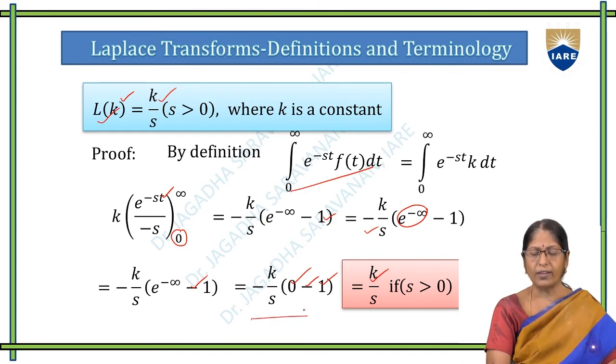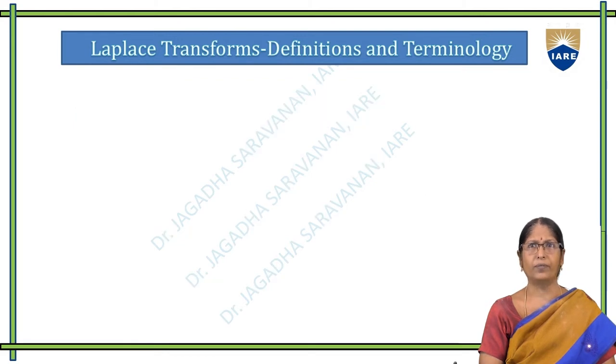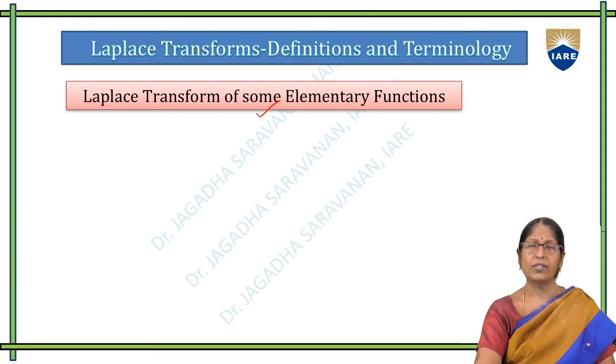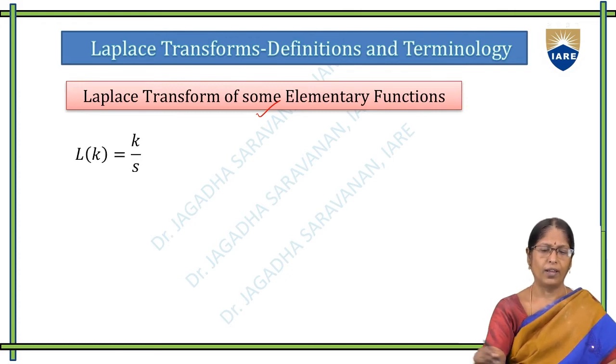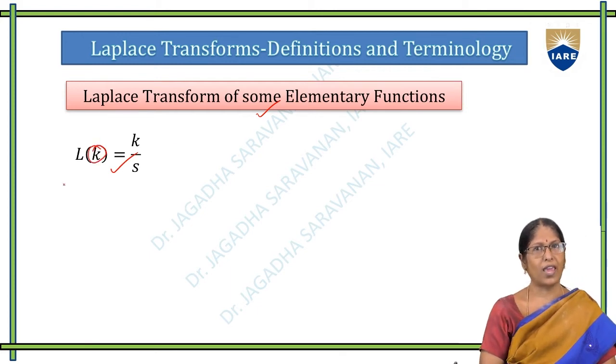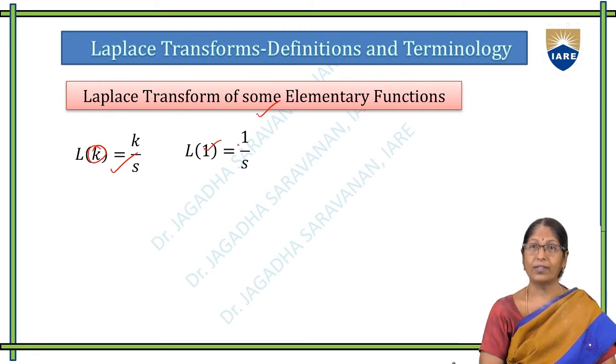But in this slide, which explains how we obtained the result, in the similar manner we can see the Laplace transform of some elementary functions. L of k, that is our f of t, is k. K by s is the answer. If L of 1, that is our f of t, which plays the role 1, in the same manner what we discussed in the previous slide.